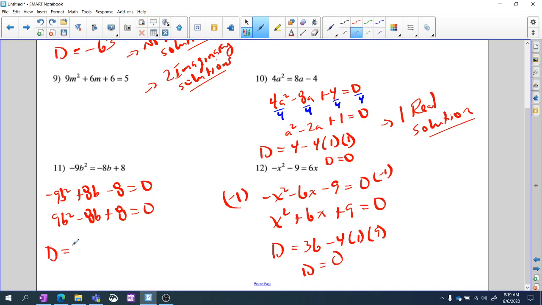So the discriminant is b squared. So b squared is 64. Subtract 4 times 9 times 8. It's going to be some negative number. Again, I don't care what it is. It's negative. As soon as you get a negative value here, that means you have 2 non-real or imaginary solutions.